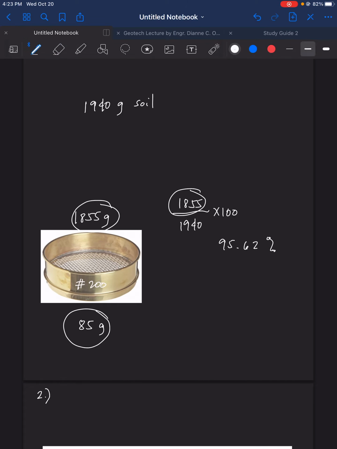To illustrate it, I'm trying hard to illustrate it. So this is retained, and then this is finer or passing.